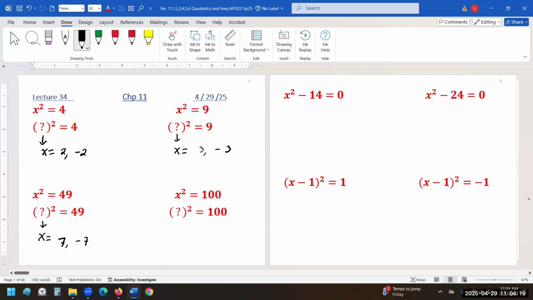And 100? 10 and -10. So if you observe, with a square power, we have 2 results.